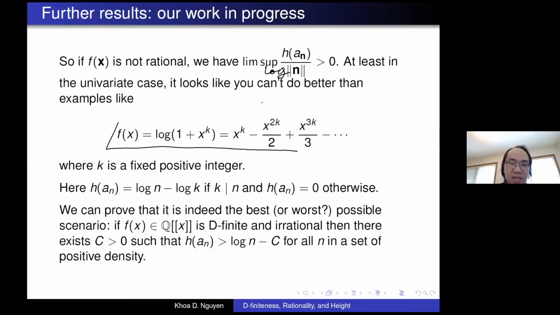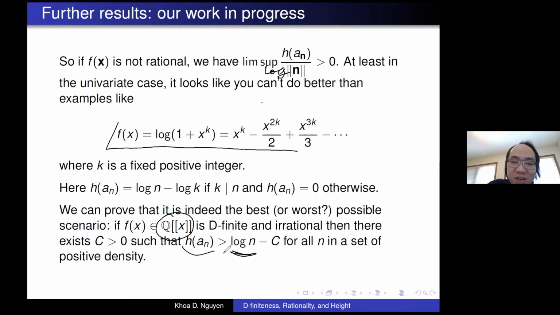And in our current work in progress, we prove that this is indeed the best possible scenario, or the worst possible scenario, like the smallest possible height you can have for a D-finite non-rational function. So if f is D-finite and the coefficients are in Q, and it's irrational, then previously we had limsup of this divided by log n bigger than 0.